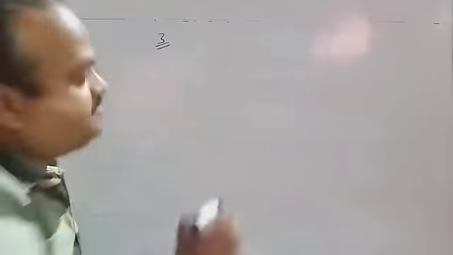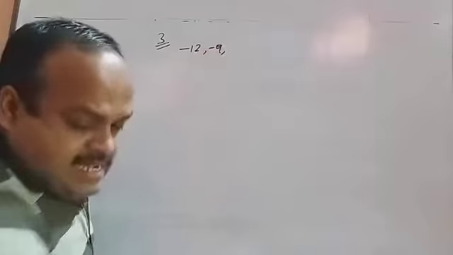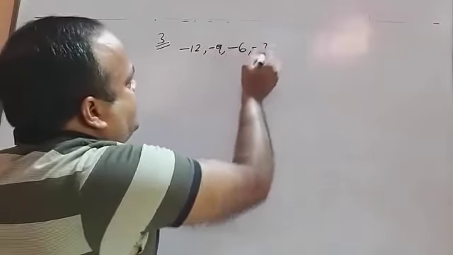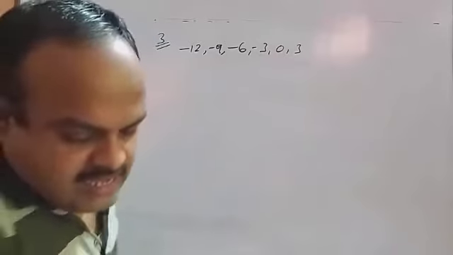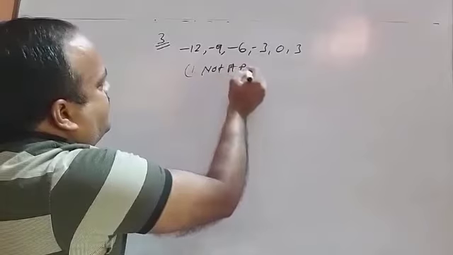The first one: minus 12, minus 9, minus 6, minus 3, 0, 3. We have many options. First: not an AP.